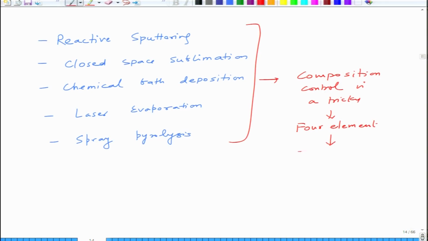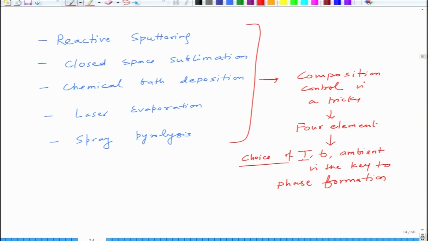So, choice of temperature, time, ambient is the key to phase formation. So, the choice of growth temperature or heat treatment temperature, the time, and what kind of ambient you have.